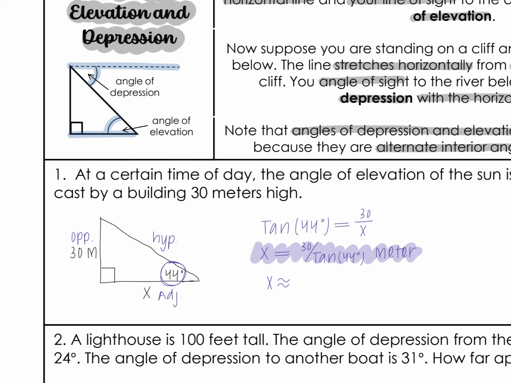So I'm going to plug into my calculator: 30 divided by tangent of 44. Remember, make sure your calculator is in degree mode, and you are going to get 31.07 meters.